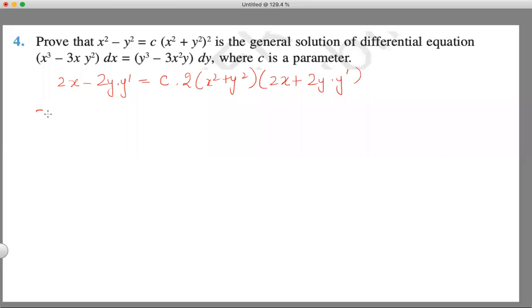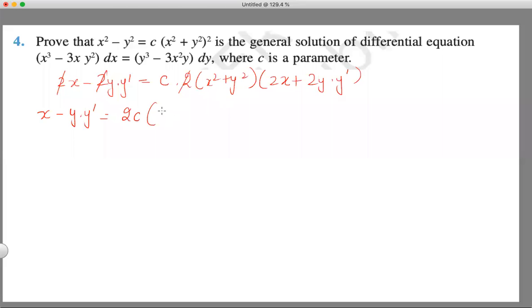Okay, so now we have to obviously open up these brackets. Before I do that, I can actually get rid of these 2's, right? Just to simplify. So I'll be left with x minus y into y dash is equal to c x. I can take the 2c outside.